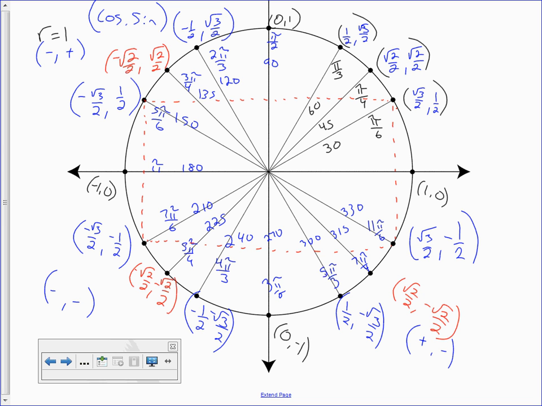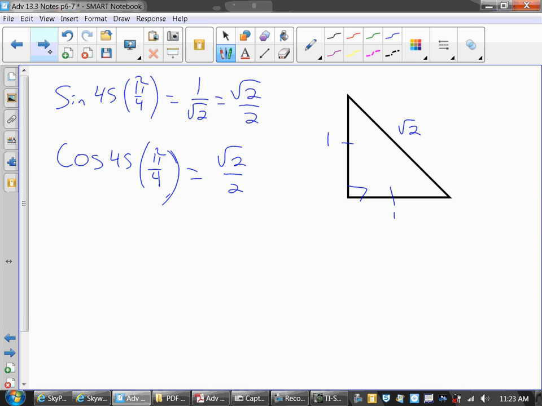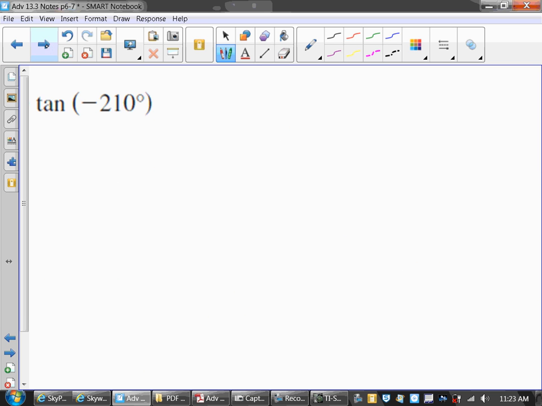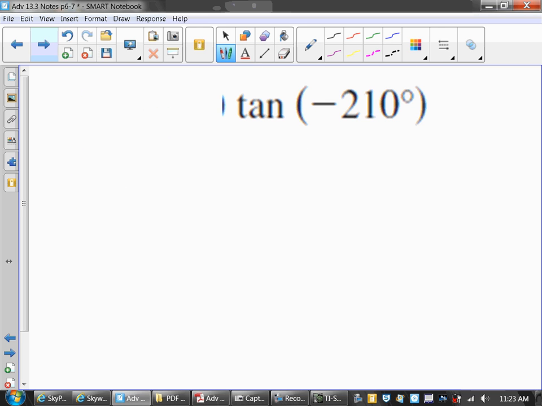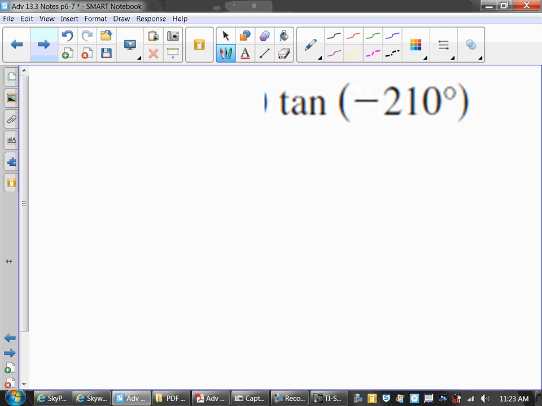All right, questions? So here's what we're going to be able to do with this. We are going to be able to figure out what the tangent of negative 210 degrees is by using just our unit circle.